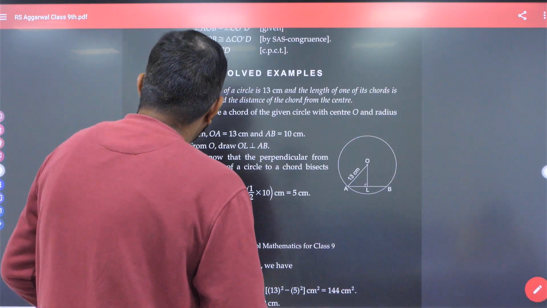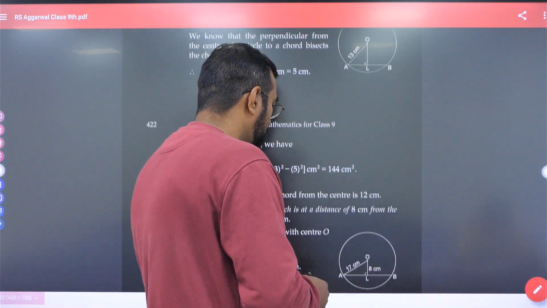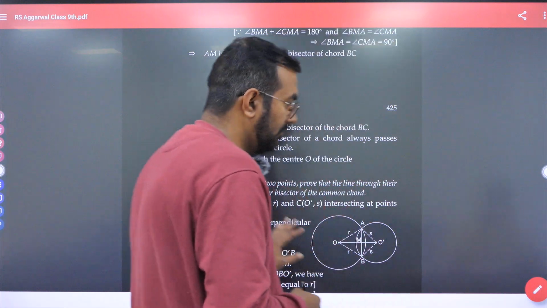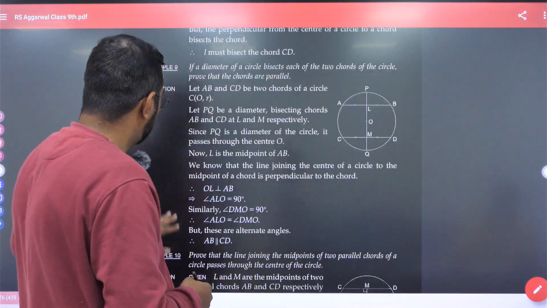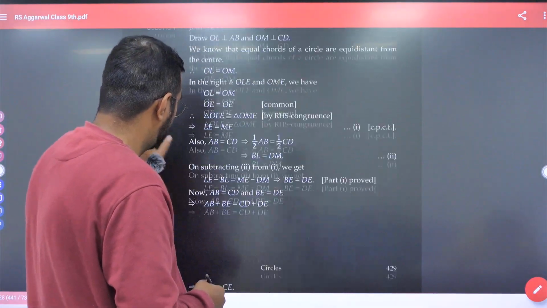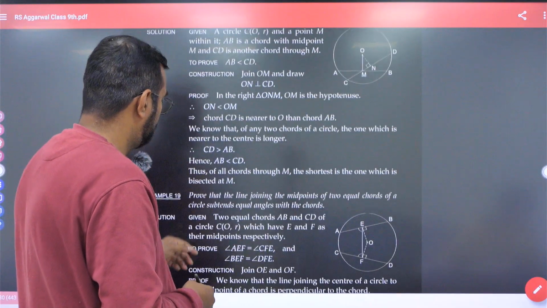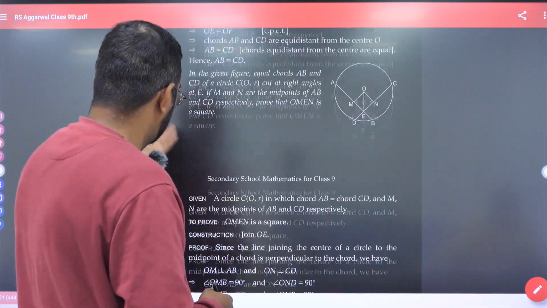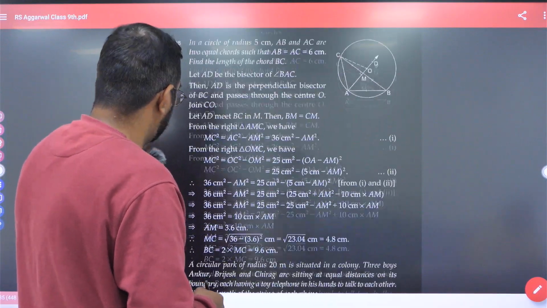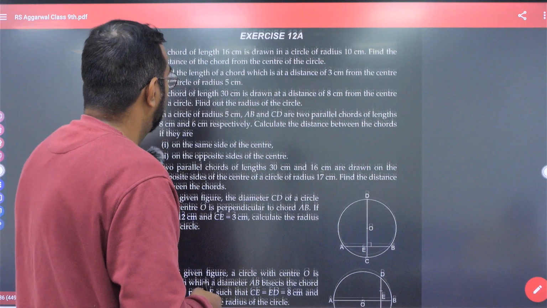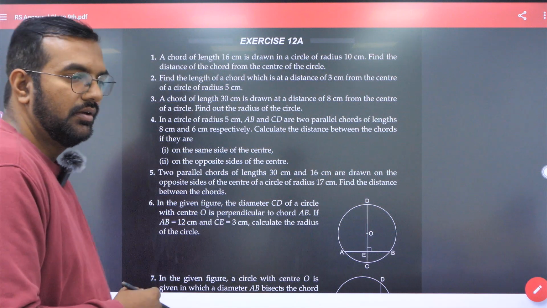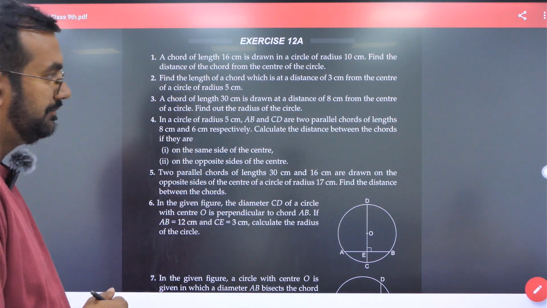Now there are some examples, beta. Exercise 12A, circles, R.S. Agarwal, right?